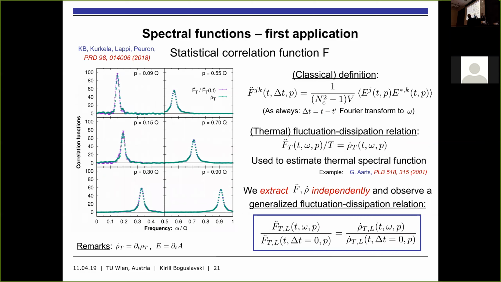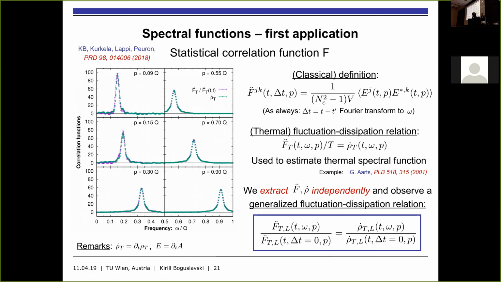Okay, so here we discussed different correlation functions. The other one was the spectral function. Now here we talk about the statistical function, which is actually quantum mechanical. It's an anticommutator of E fields or of A dot fields, basically. But in the classical definition, this becomes only a product. And this is a different correlation function. However, in thermal equilibrium, these correlation functions are connected. So rho dot is basically a commutator of E and A fields. This one is an anticommutator of E and E fields.